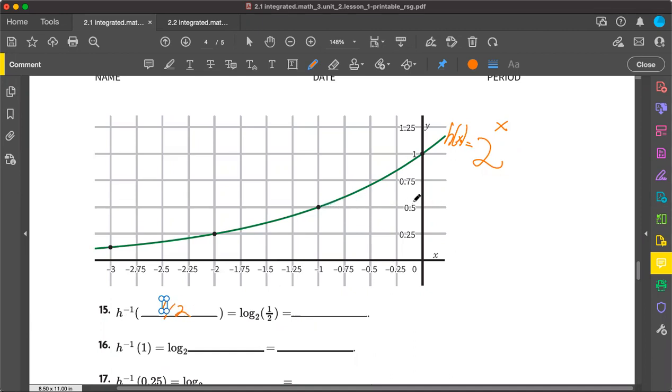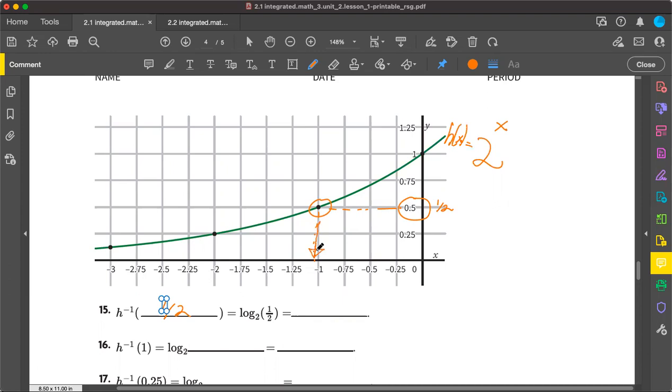We now are thinking if your output of y is 0.5 or 1/2, what's the matching x coordinate that goes with it? Well, if you look closely, it's referencing this point here.